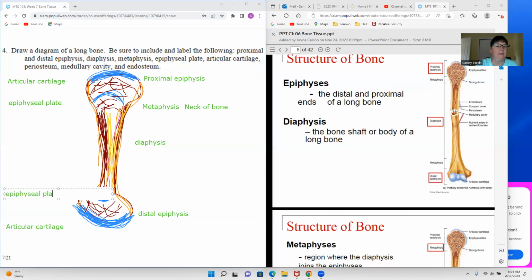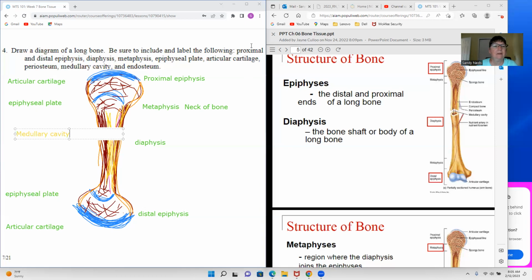We have the medullary cavity. I'm going to put endosteum in yellow so we know what it is.